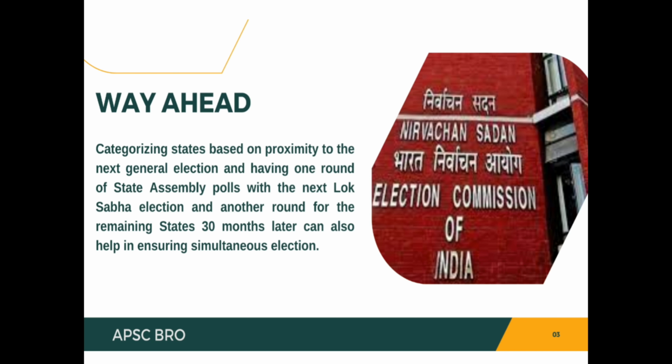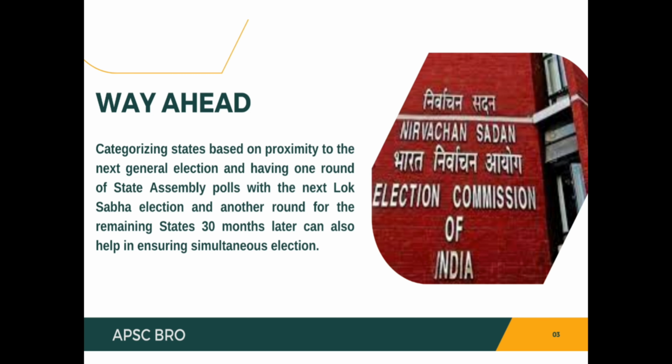Suppose there is a state which is going to get dissolved in 2026 or 2027. The elections to those states can be held together in a later phase. So we can have simultaneous elections twice in every 5 years, in which some states will go to election in the first phase, some in the second phase. That is one way which many committees have recommended and which may be feasible in our state.